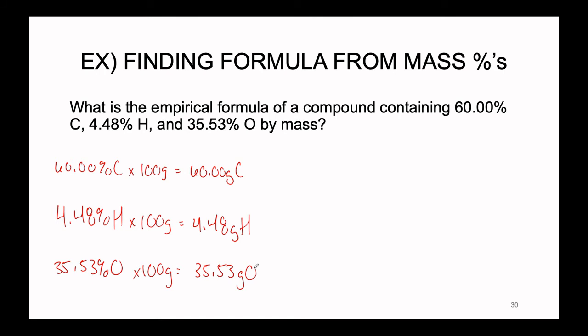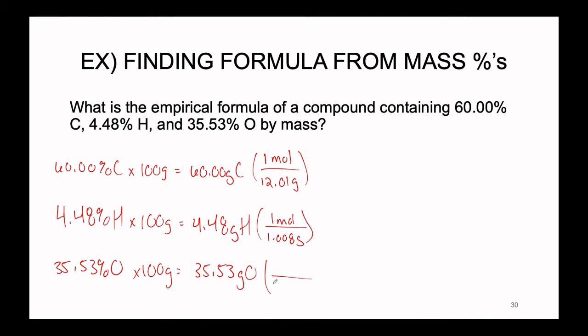Now the next step in our flowchart is to get out of the gram and into the mole. So we're going to use the molar masses present on the periodic table. Carbon's mass is 12.01 grams for every mole. Hydrogen's is 1.008 grams per every 1 mole.